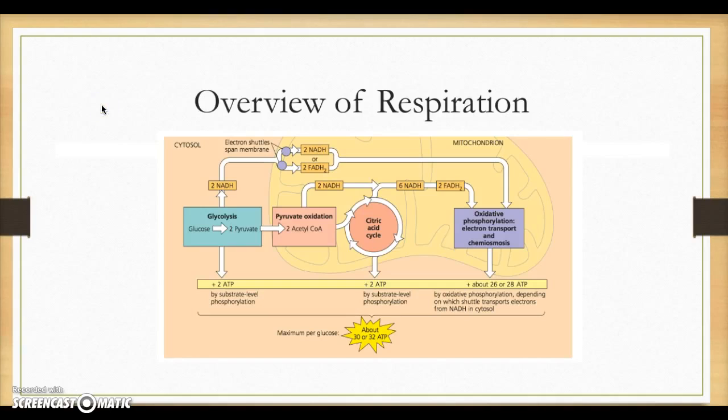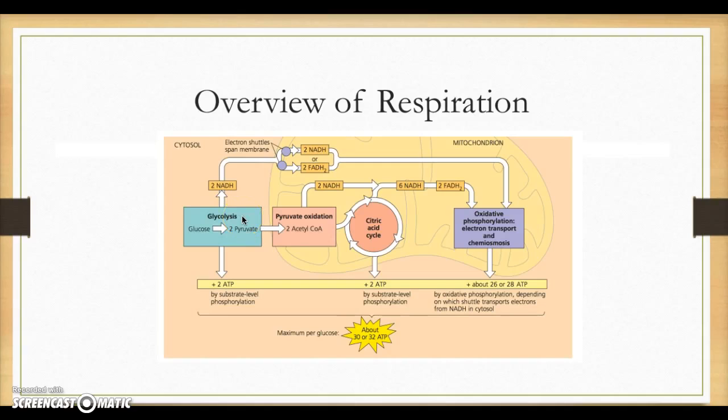So this is an overview of cellular respiration. First of all, the one molecule of glucose is split into two pyruvate in glycolysis, and at the same time, two NADH and two ATP are generated.